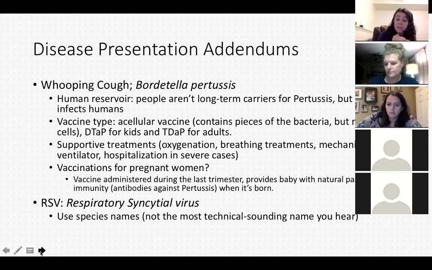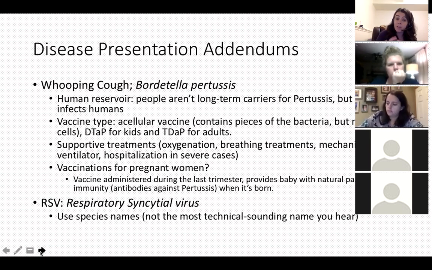Sometimes, if you have been vaccinated against it, you might come into contact with it and contract a little bit of an infection but not show any signs or symptoms, but that's not common, and it's not a long-term thing. That would be like you had it for a few days and then you cleared it out. So we are the reservoirs, but again, it's not like it's hanging out a long time in your body.